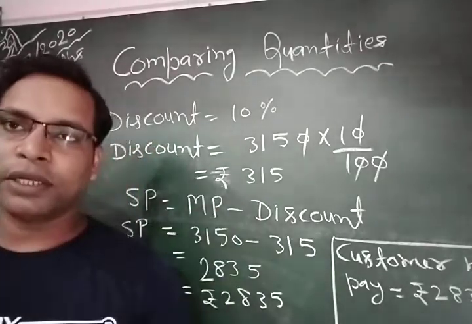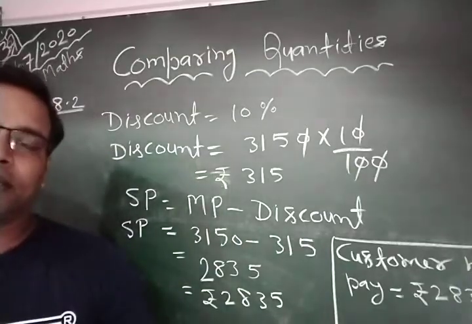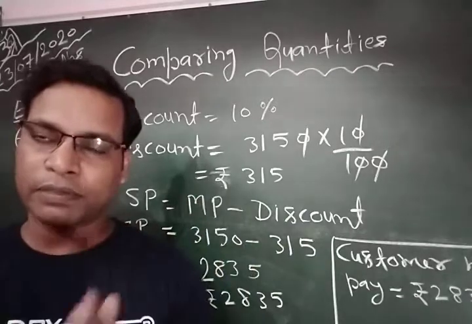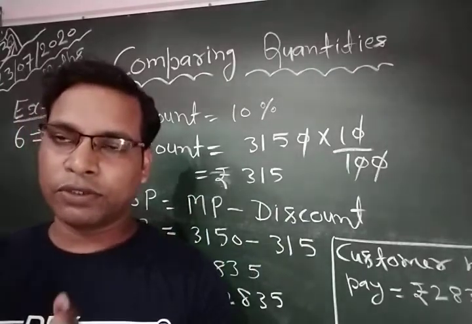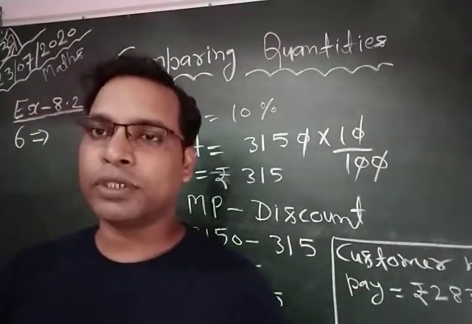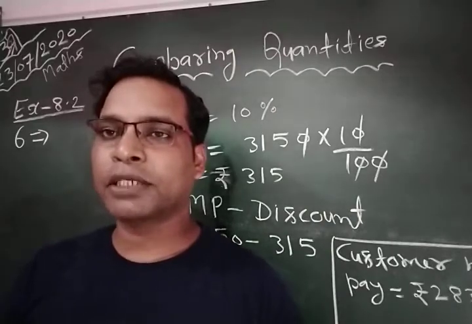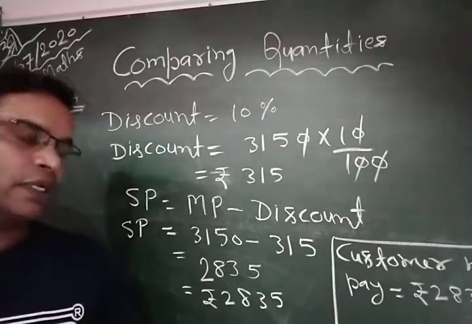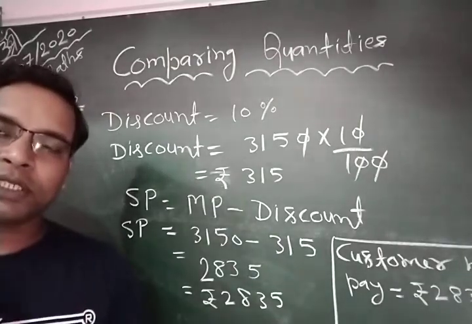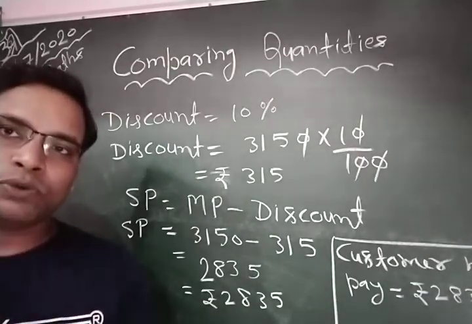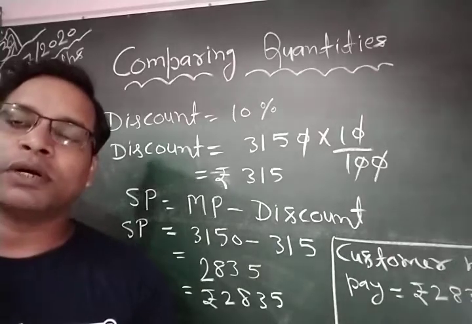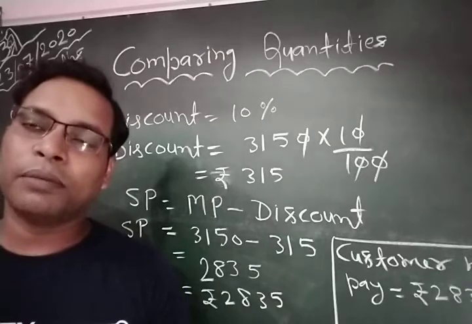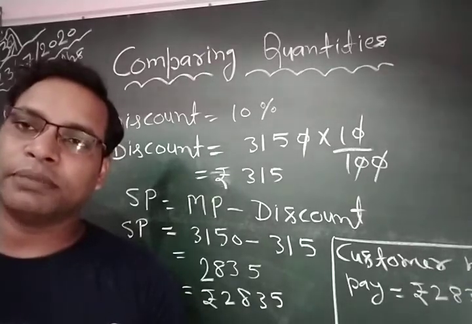So first we find the total marked price. First we find the MP of two shirts. The marked price of one shirt is 850 rupees, so the marked price of two shirts is 850 rupees into 2, which is equal to 1,700 rupees.